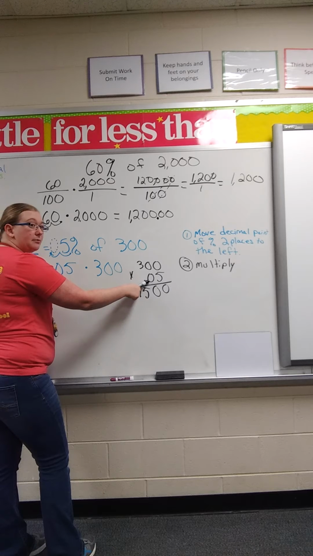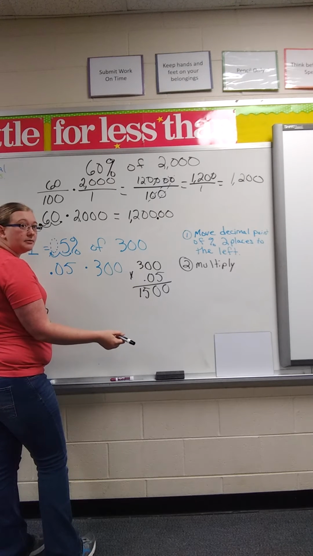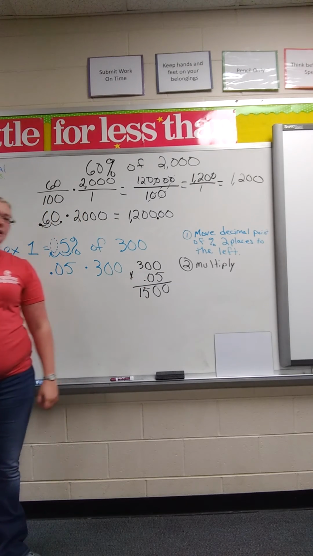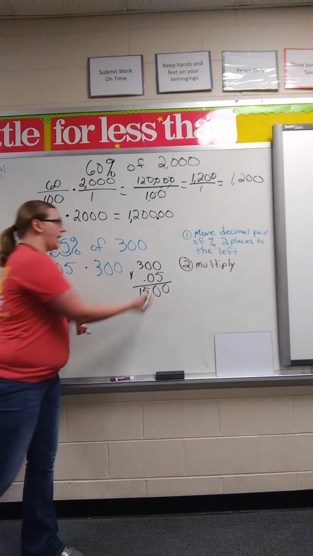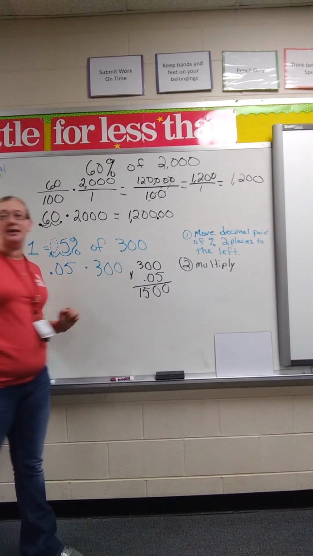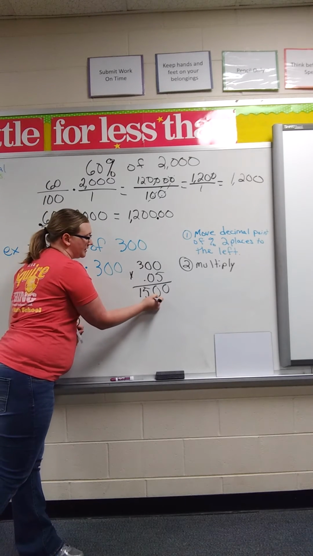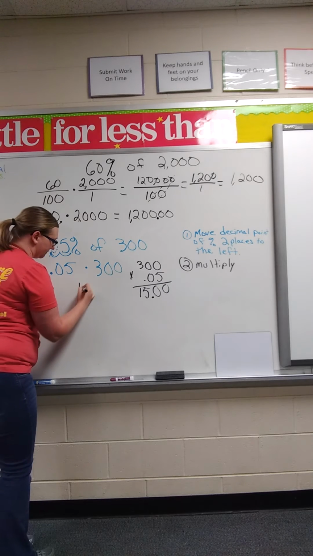I can do the same thing with a 0 here and put in a whole lot of zeros. Do I need to do that? No. How many decimal places do I need? 2. I have 1 decimal place, 2 decimal places in my problem. I need 2 decimal places in my answer. So my solution is 15.